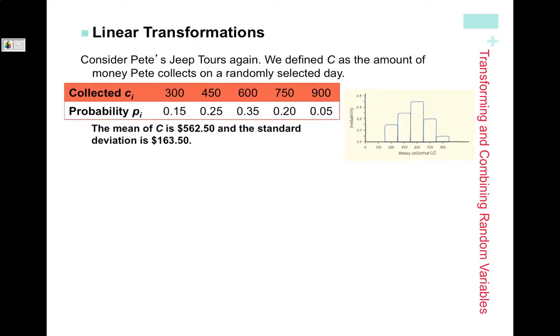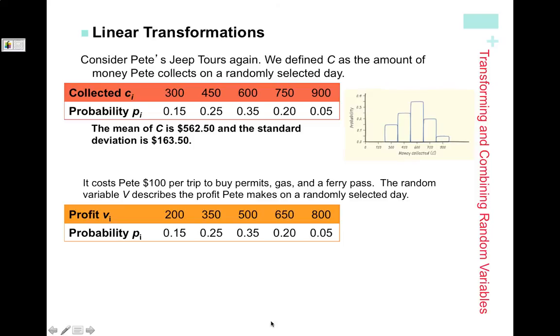Okay, so we've got Pete's Jeep tours again. We've got the amount of money he collected. We've got the mean, the standard deviation. Here's our shape. Let's say it costs $100 for Pete to buy his permits, get gas, and have a ferry pass so that he can transport people around. So now we're looking at profit instead of amount of money collected, so we had to subtract 100 from each of these.